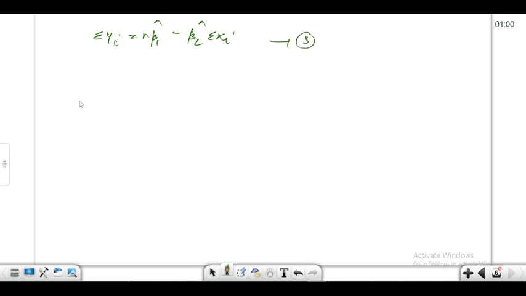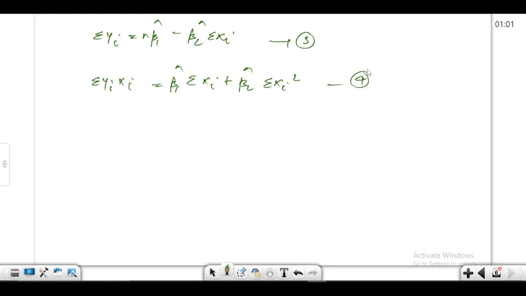Similarly, on putting the second equation equal to 0, I get summation yi xi equal to beta 1 hat summation xi plus beta 2 hat summation xi square. I've just opened the bracket and equated it to 0. This is my equation 4.